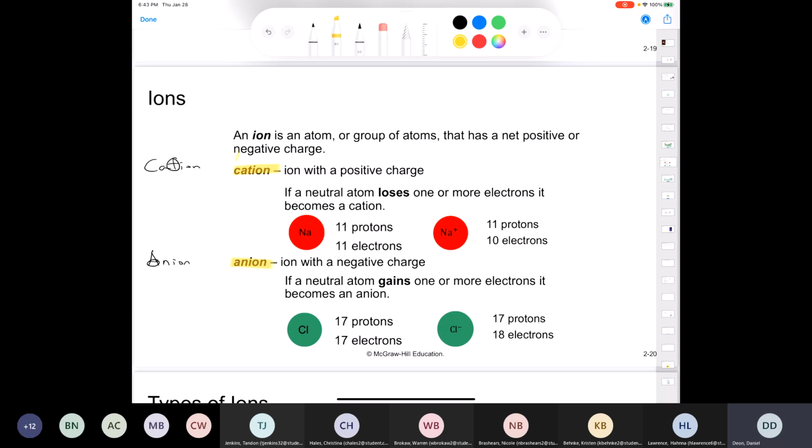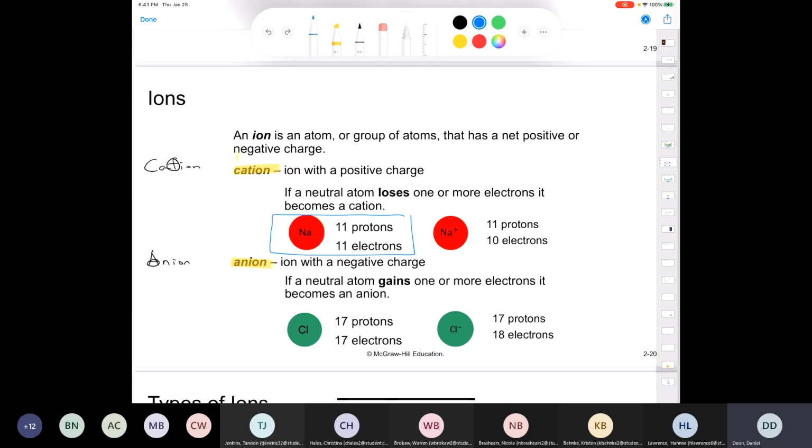So again, if I have a cation, if I want something to have a positive charge, let's start by looking at a sodium atom. If you go over to the periodic table and you look at sodium, Na, it's element 11. That means it's got 11 protons. Sodium has no charge by itself, so that means that it must have 11 electrons to balance that out. If we want to make a sodium cation, however, a sodium with a positive charge, it's going to have to lose one electron.